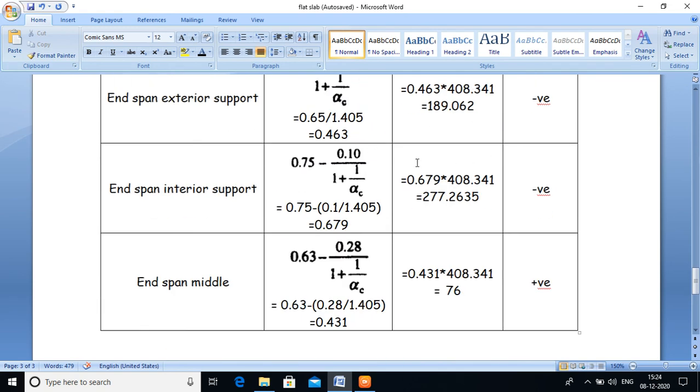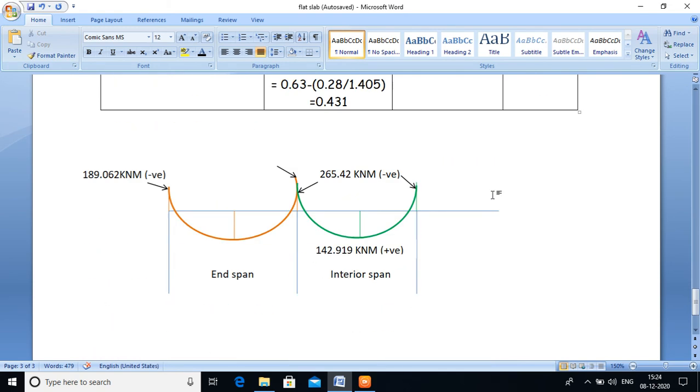First of all you calculate the values with the table and then put those values in this bending moment diagram. Now we will calculate the value for the interior support, 277.635, and last the mid span moment. Mid span moment is 176 kilonewton meter positive moment. Now this is the actual analysis by direct design method of the pre-stressed flat slab.